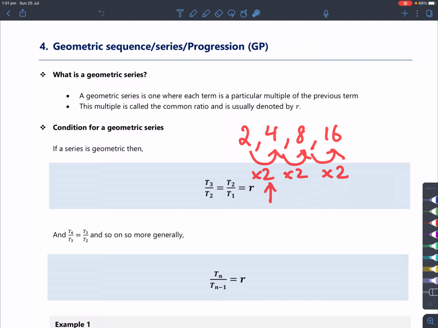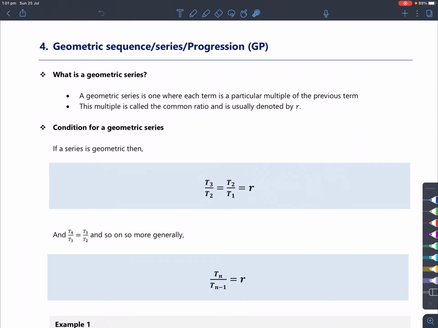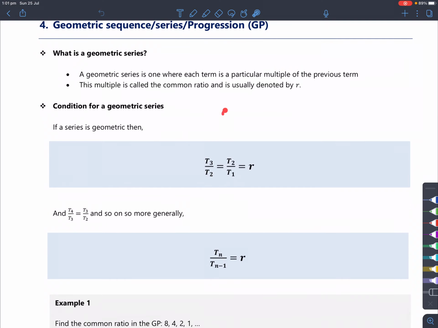This number here is what we call the common ratio, and that's denoted by R. So, if a series is geometric, then T3 over T2 is T2 over T1, which is R, and so forth. So, in the example I gave you just then, if you have term 3, which is number 8, divided by term 2, which is number 4, then that will give you 2.